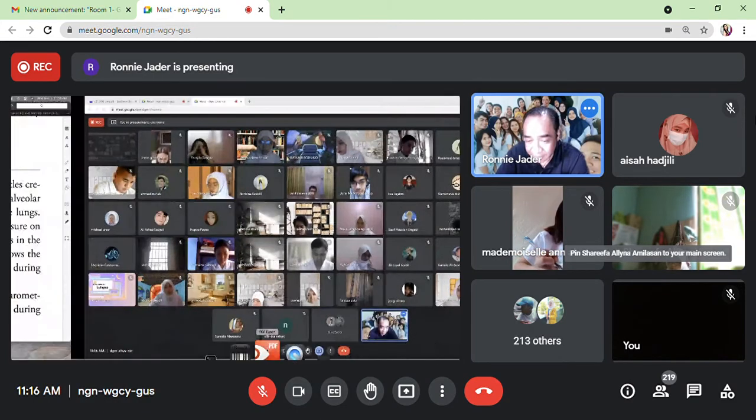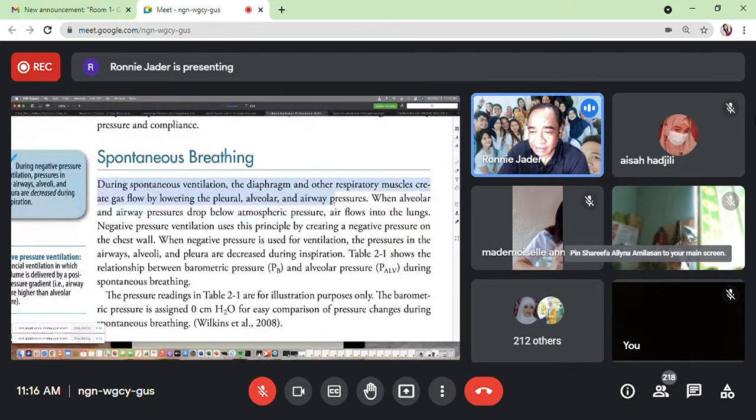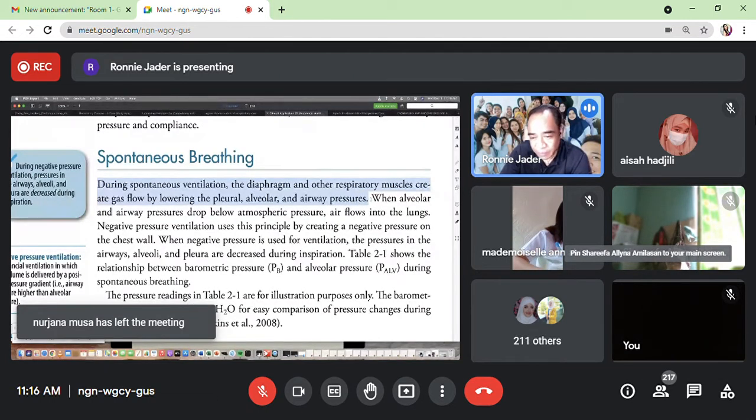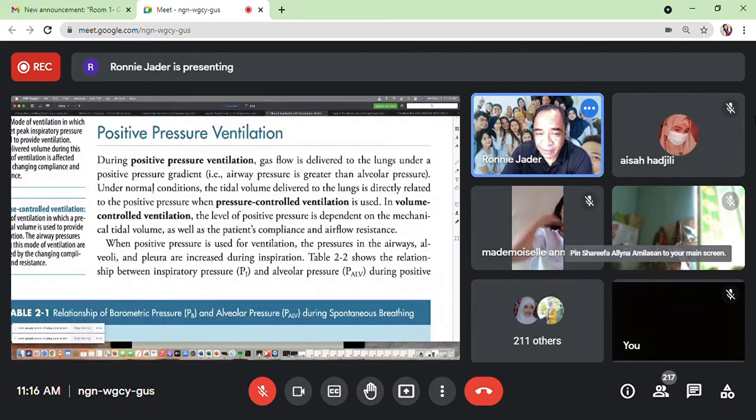Ayan. So, during spontaneous breathing, binanggit natin, the diaphragm and the other muscles create gas flow by lowering the pleural, alveolar, and airway pressure. So, according to Boyle's law, as pressure decreases, the volume increases, and vice versa. So, sa positive pressure ventilation, baliktad.